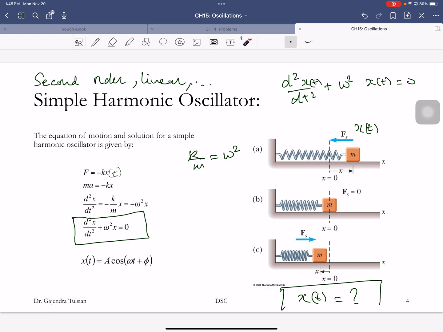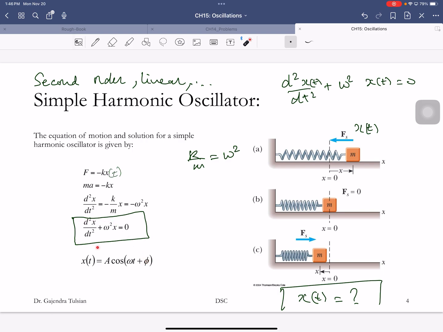Now let me point out a couple of things in this solution. x(t) is A cosine(omega t plus phi). Omega is there; that guy is there in the original equation. What is this A? A is not anywhere in that equation. Where is phi?